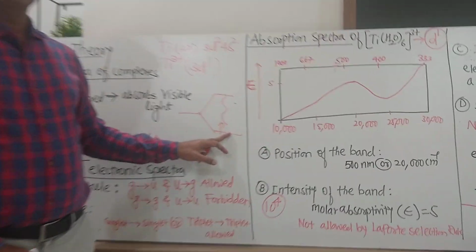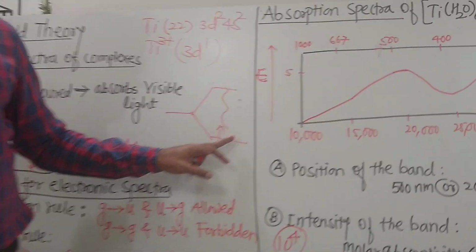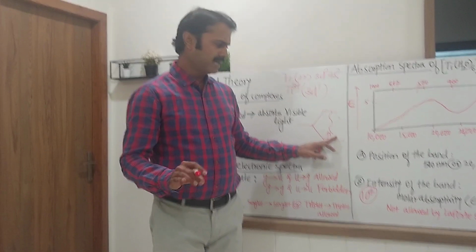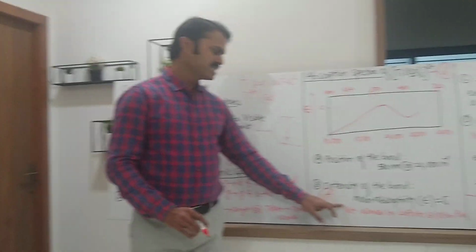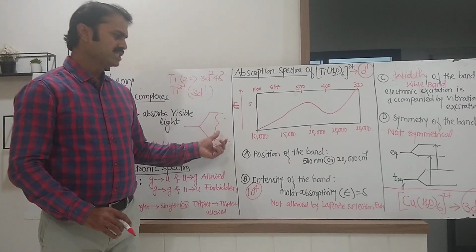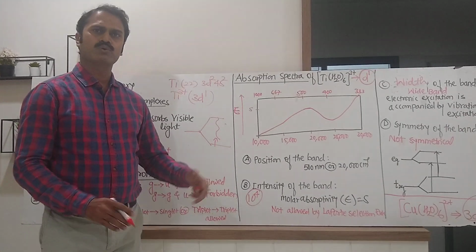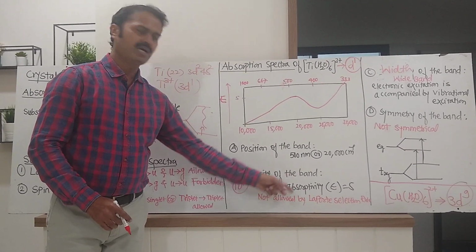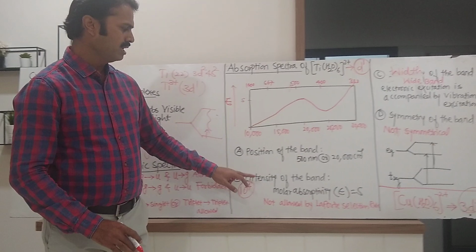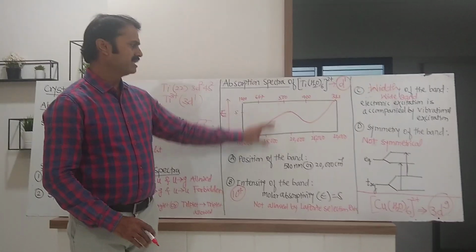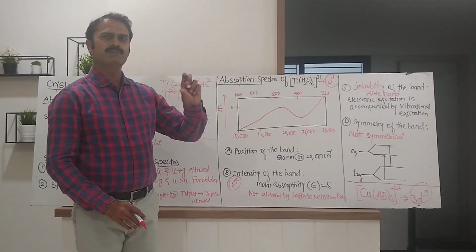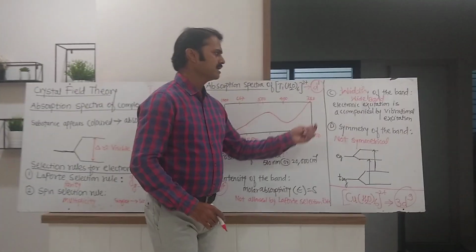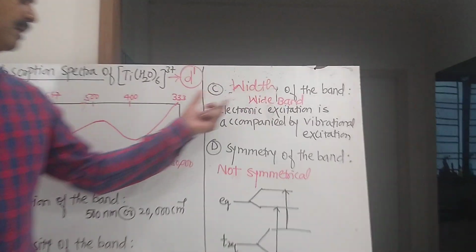Both d orbitals are in octahedral geometry, they have the same symmetry, and according to Laporte selection rule, transition from one centrosymmetric orbital to another centrosymmetric orbital is not allowed. Due to the forbidden transition, intensity of the band is very low.